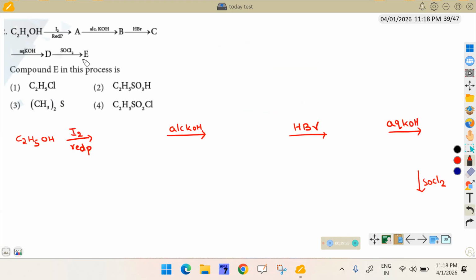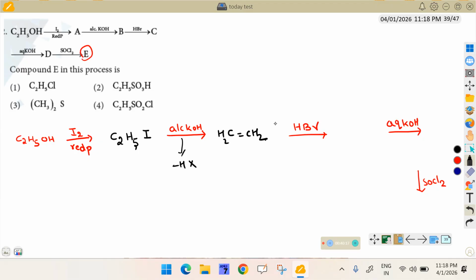Identify E in the chemical reaction. C2H5OH with I2 and red phosphorus gives haloalkane C2H5I. It reacts with alcoholic KOH; dehydrohalogenation takes place. Then it gives CH2=CH2.